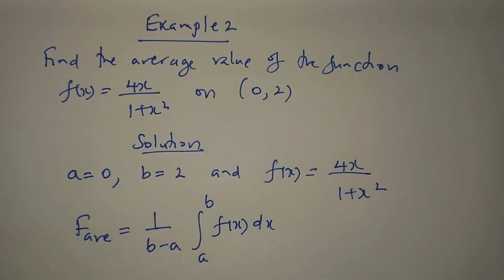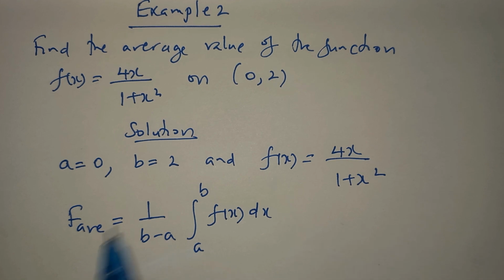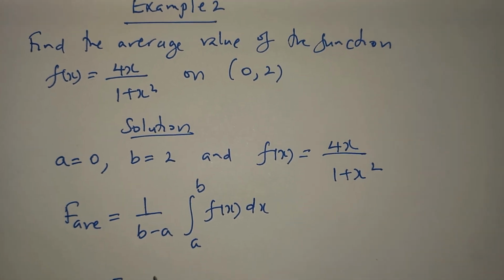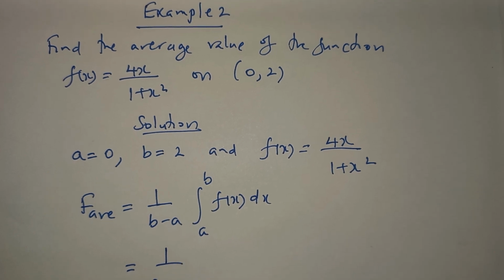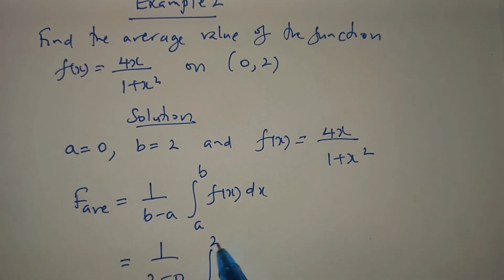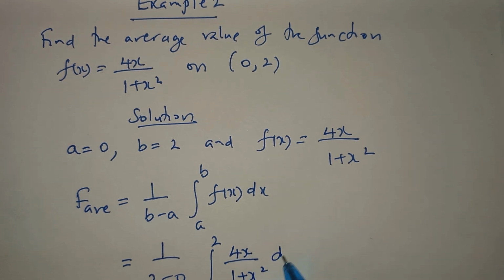Therefore, substituting the given values in the formula, we have 1 over 2 minus 0, integral from 0 to 2 of 4x over 1 plus x squared dx.